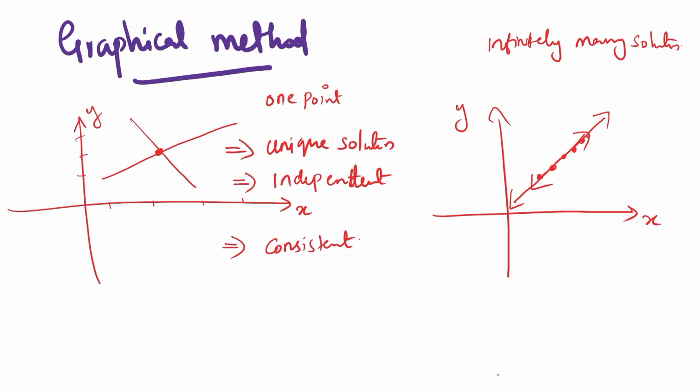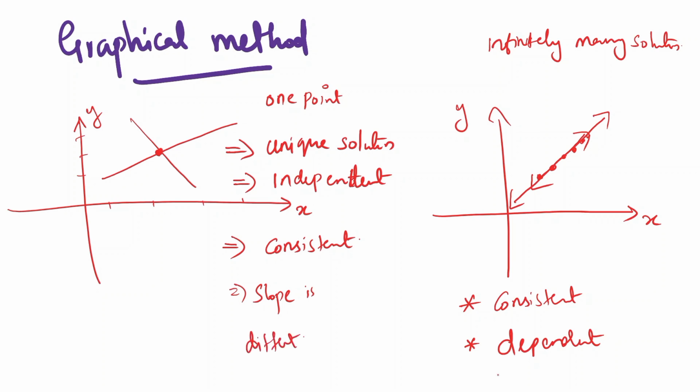As we are getting solutions, we call it consistent, and the system is dependent. Dependent because it has the same slope, right? For the lines intersecting at one point, the slope is different.